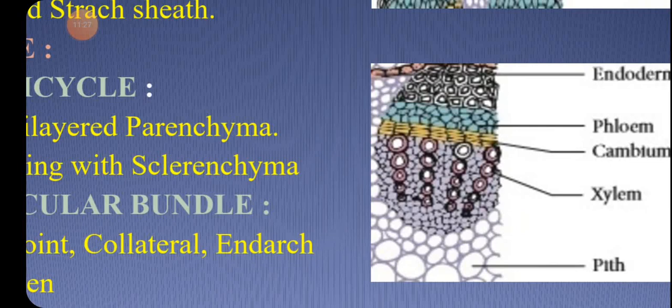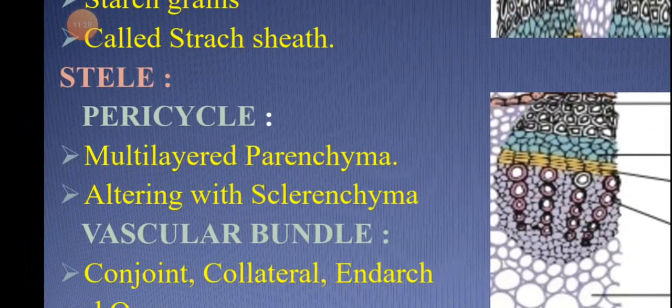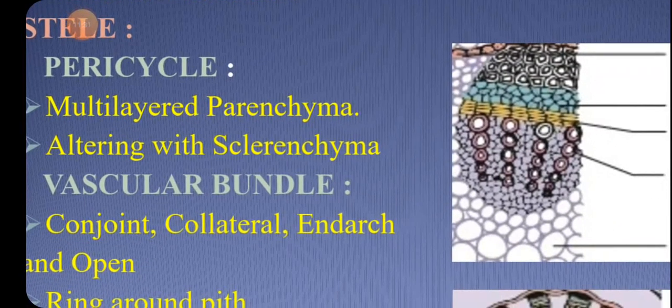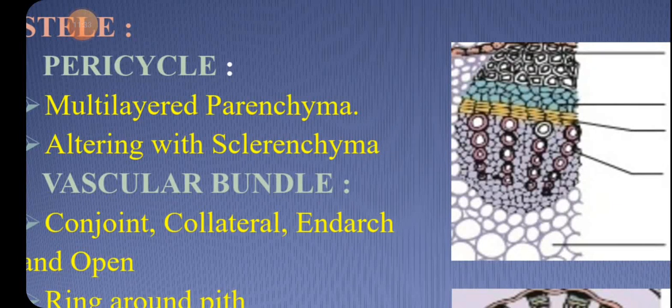That is the pericycle. The multi-layered parenchyma cells present at the top of the vascular bundle, alternating with sclerenchymatous, parenchymatous, sclerenchymatous, parenchymatous. The alternating patches of parenchyma and sclerenchyma are the pericycle.